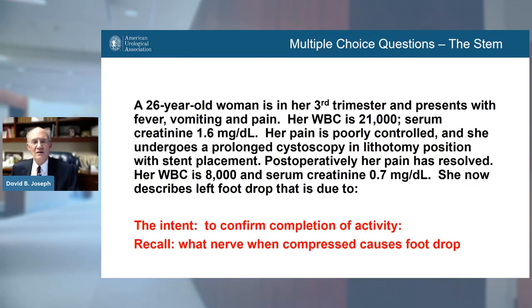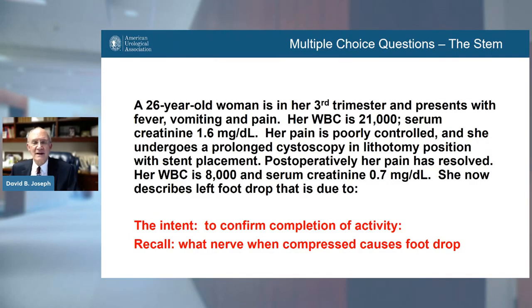Well, the author had the intent to confirm completion of the activity. And basically, this may have been an activity that was looking at complications of lithotomy position, and you needed to know what nerve was involved with foot drop.